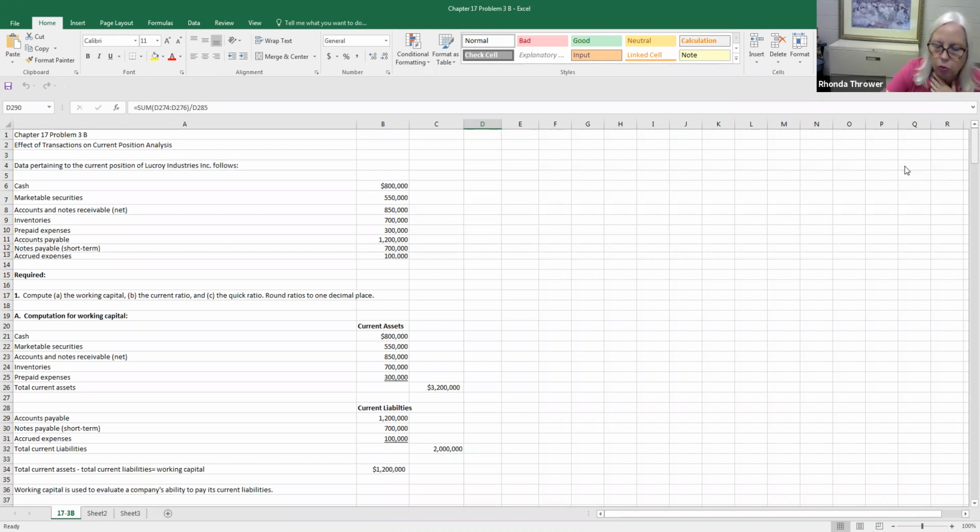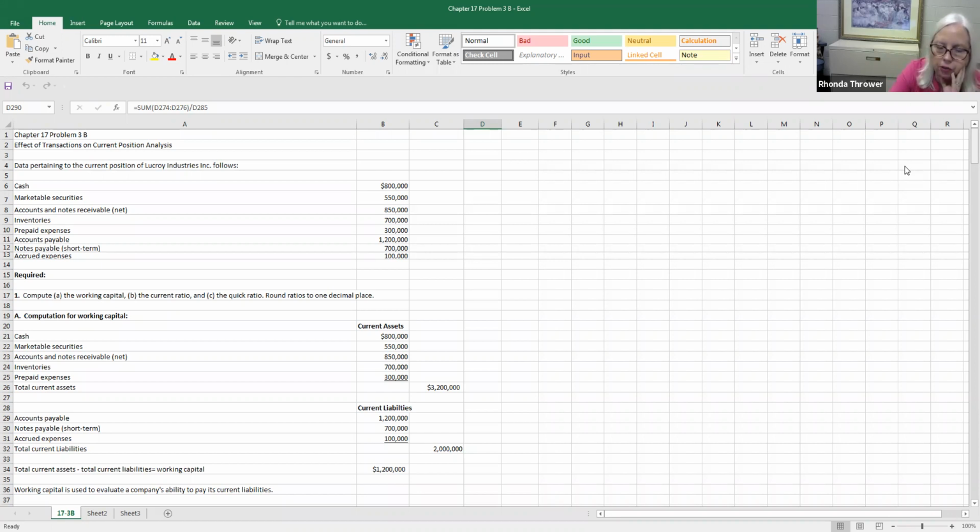Since your notes payable was considered to be short-term, our current liabilities would decrease by $125,000, and your cash would also decrease by $125,000. And so you would analyze what happened to the current assets and your current liabilities. And this is what happened after you had paid off that particular debt.